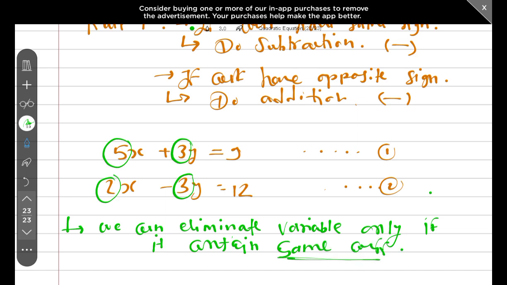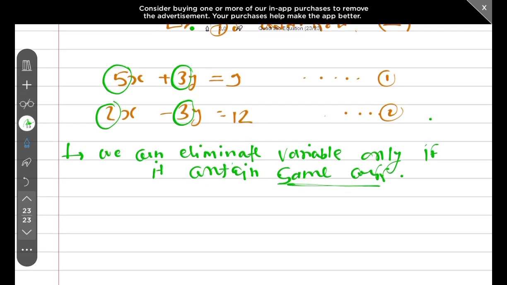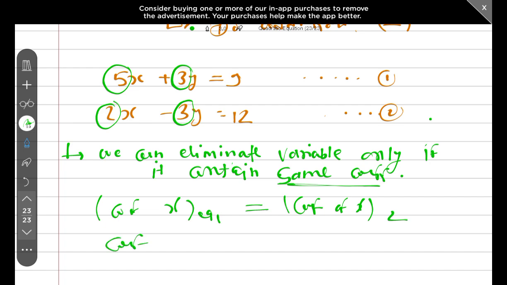Same coefficients means the coefficient of x of equation 1 should be equal to the coefficient of x of equation number 2. Similarly, the coefficient of y of equation 1 should be equal to the coefficient of y of equation 2. That's it.